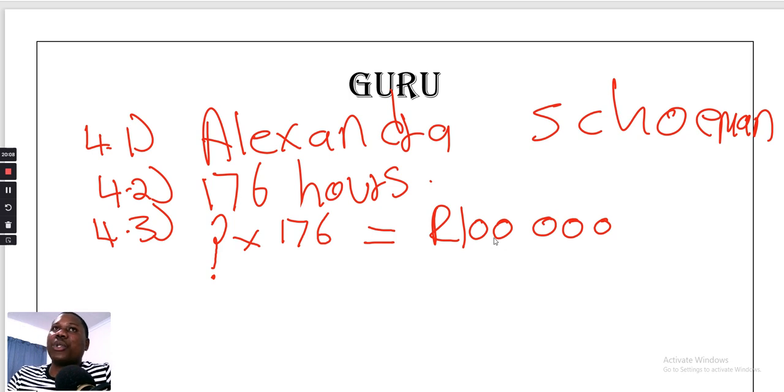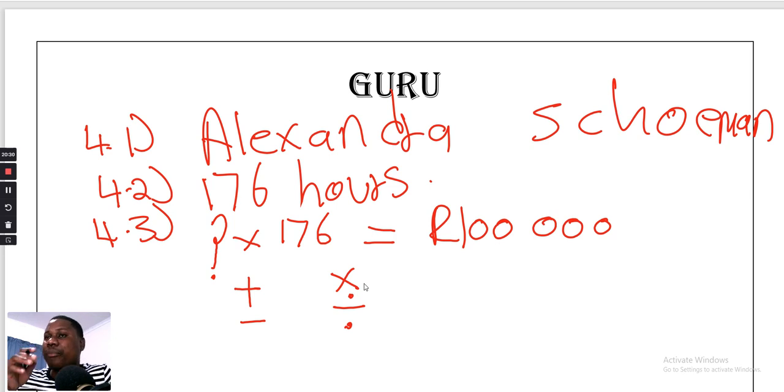So I want to show you something. In mathematics, we have 4 signs. We have plus, we have minus, we have multiplication, we have division. These 4 signs are the most common signs that we use, more especially in maths lit. These are the signs that we always come across.